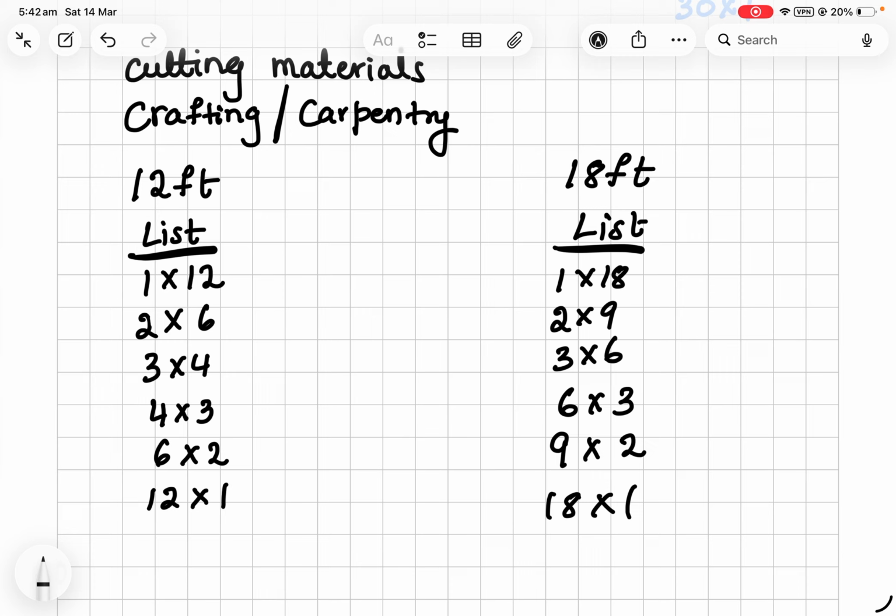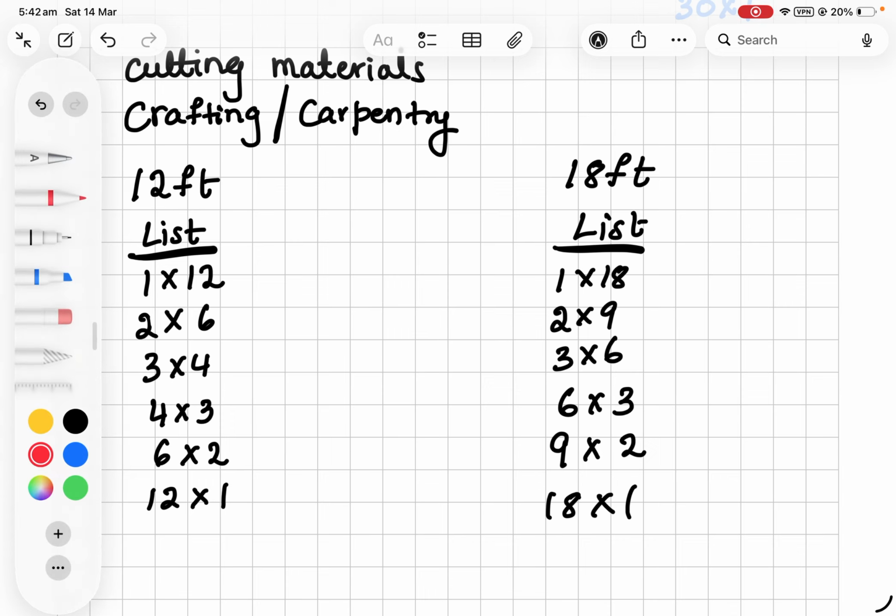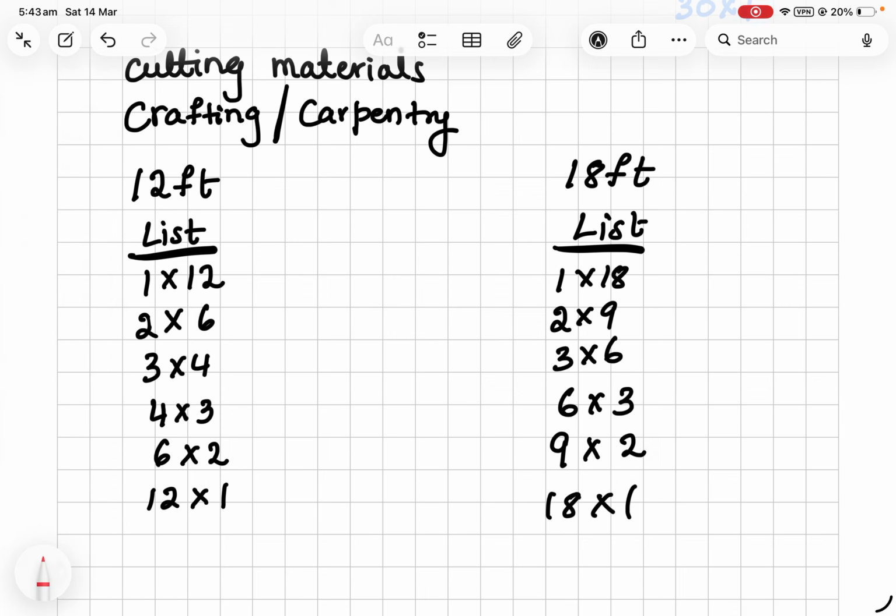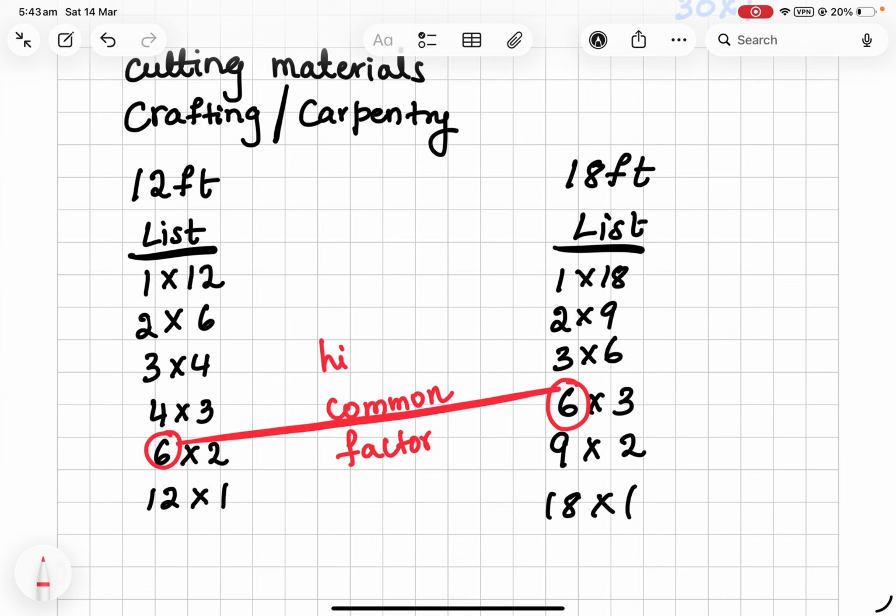Now, what is the highest common factor in both of the situations? Boys and girls, can you identify which one is the highest number that is common in both the situations? Do you see that it is 6? So this is the common factor, and this is your highest common factor.